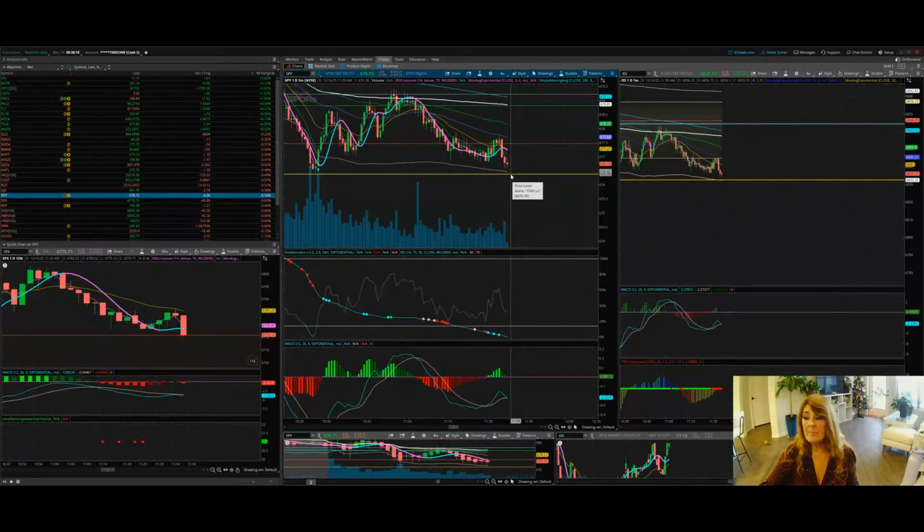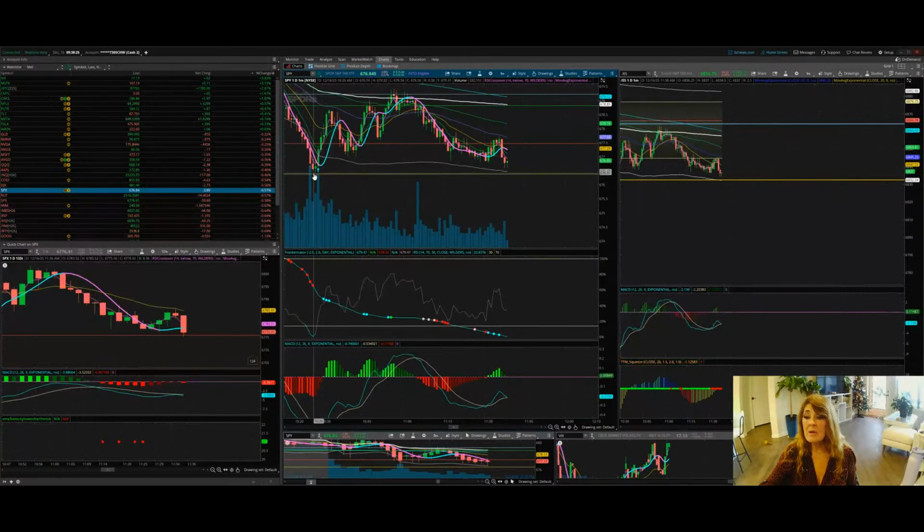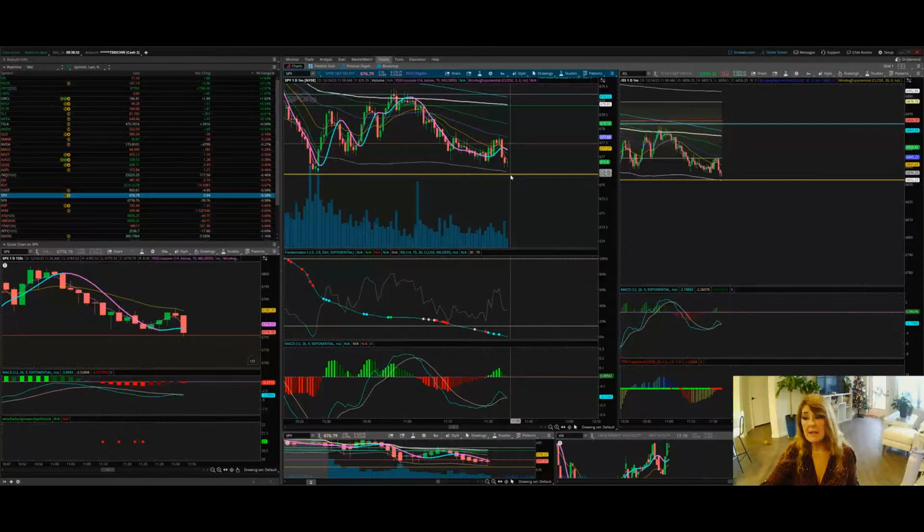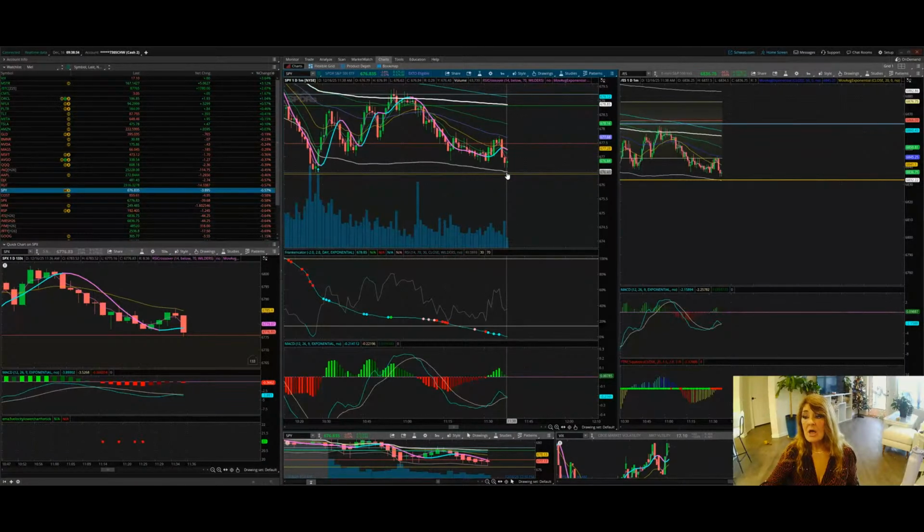If we stop and reverse like we did here, right here at 10:27 Eastern, we came down, we touched the overnight low, and boom, hard reversal. Could that happen again? Yes. So there's not enough room here to make the risk worth the reward.